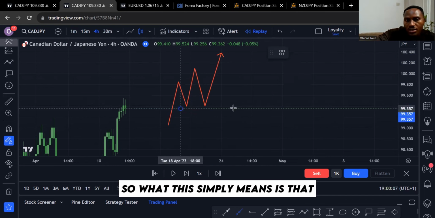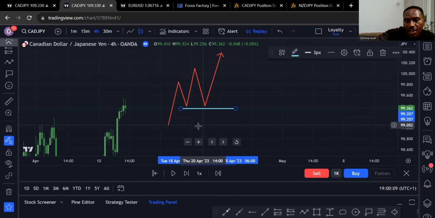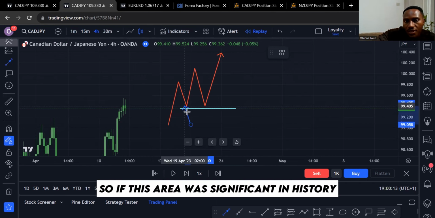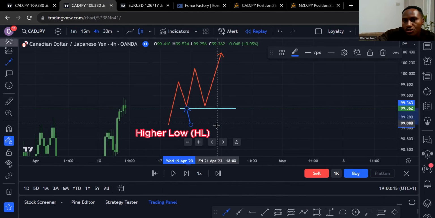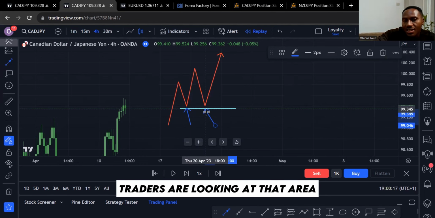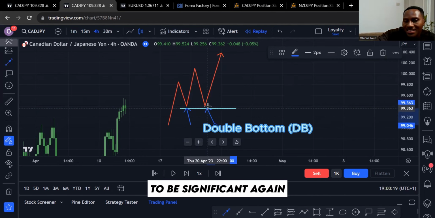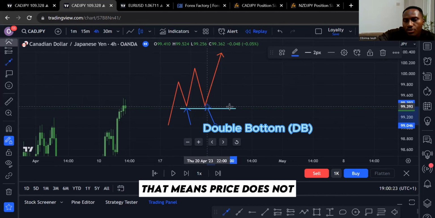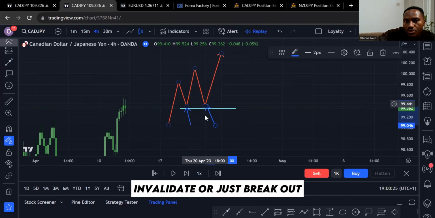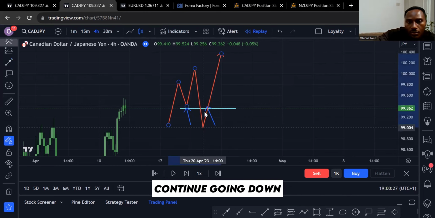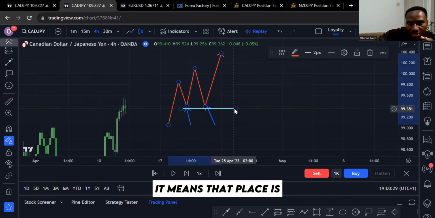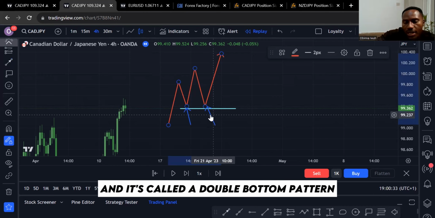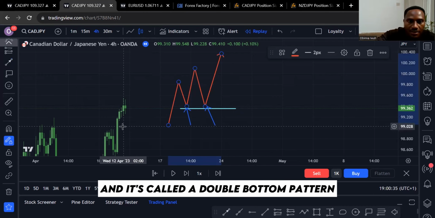It means that history repeats itself. If this area was significant in history, traders are looking at that area to be significant again. Once that place is respected, meaning price does not invalidate it or break out and continue going down, it means that place is a valid place to enter the market, and it's called a double bottom pattern.